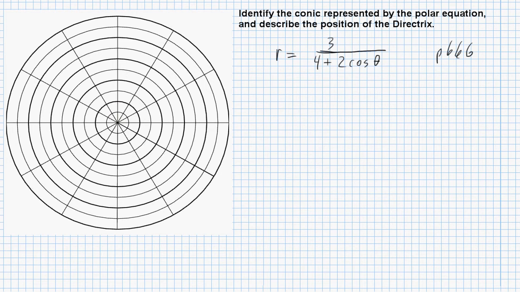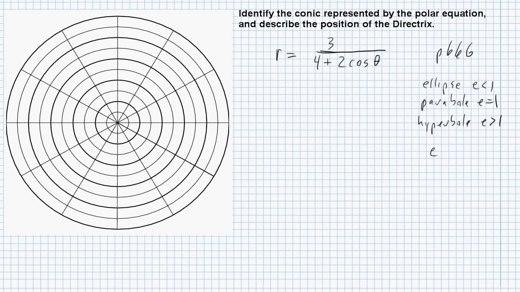The ellipse, if the eccentricity is less than 1, a parabola, if the eccentricity is equal to 1, or a hyperbola, if the eccentricity is greater than 1.